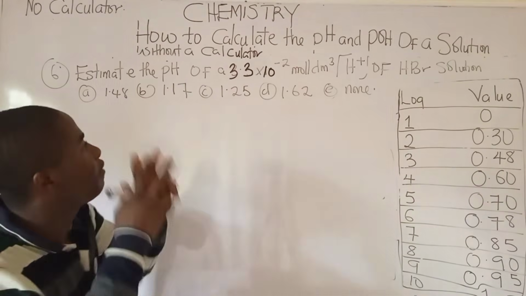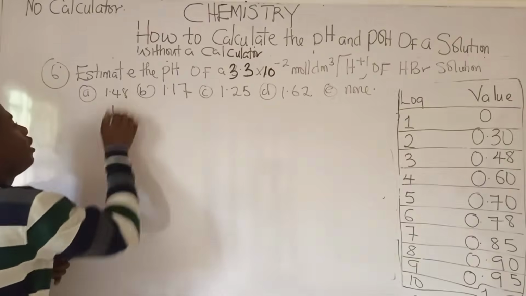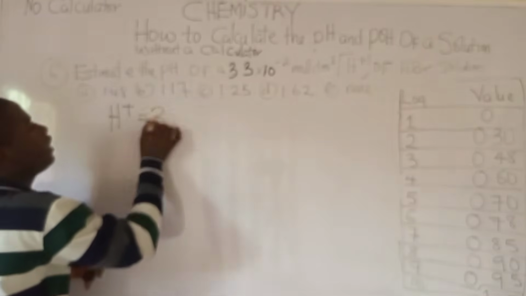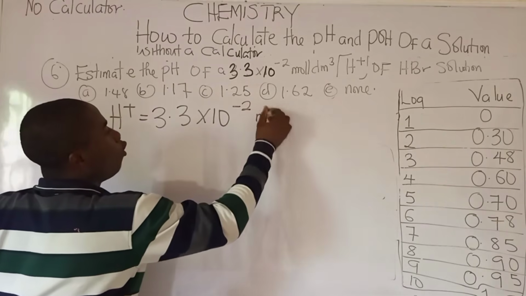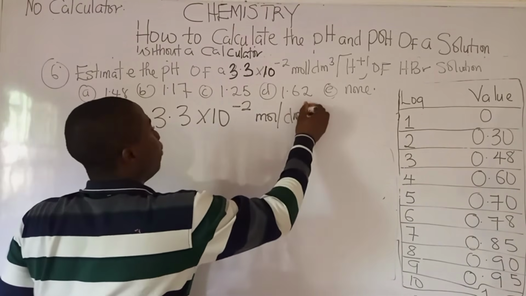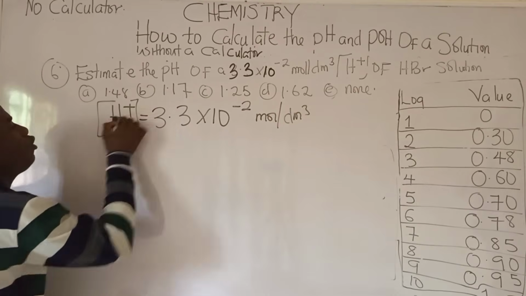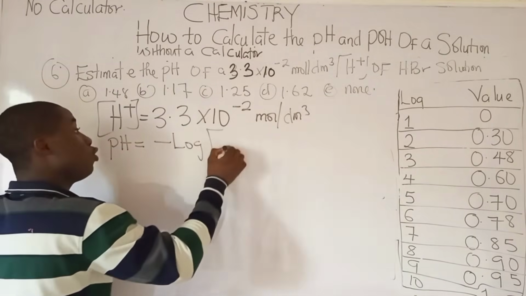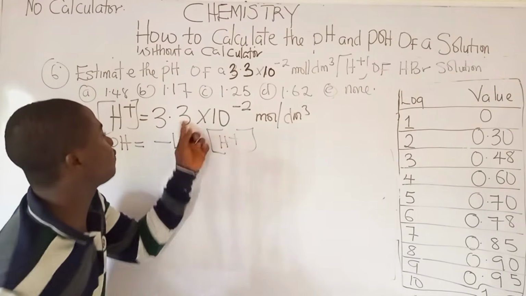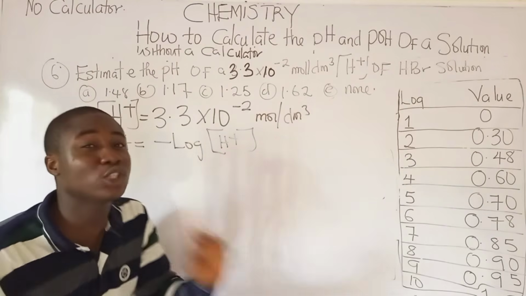Now you can see the H plus value is given to be 3.3 times 10 raised to power minus 2 moles per dm cube. And you already know that when you input the first formula I gave, which is pH equals minus log of H plus, when you put this value in the place of H plus and press the calculator, you get the answer.